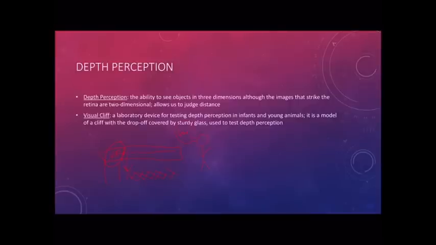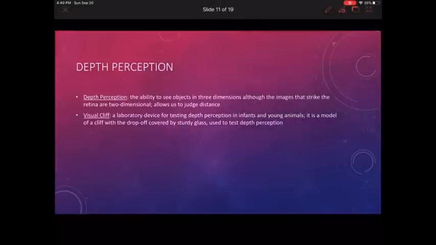And so if they would back off and they wouldn't climb across the glass, we would assume that they had depth perception, that they could tell that there was a drop beyond the place that they were at. And if they were to crawl forward, they would potentially be in danger of falling. So we would use the visual cliff in order to test for depth perception in infants and young animals. Mostly, just know that the visual cliff was used to test depth perception.